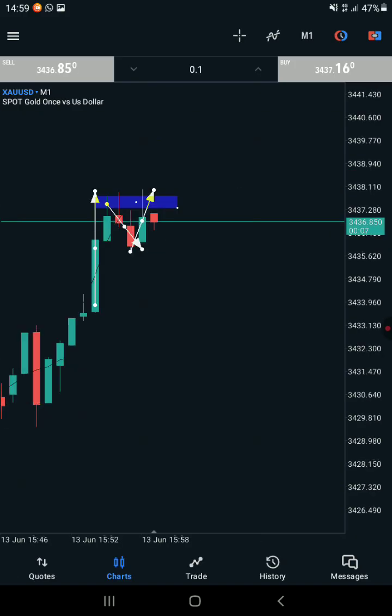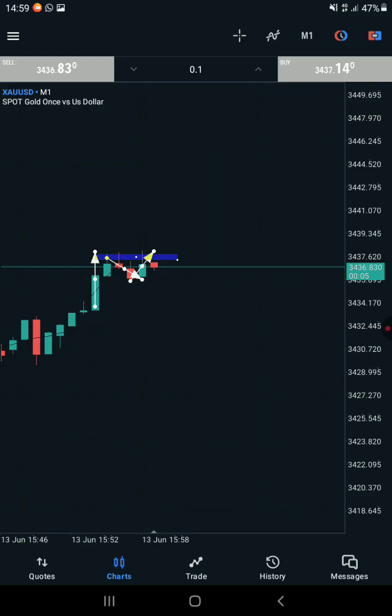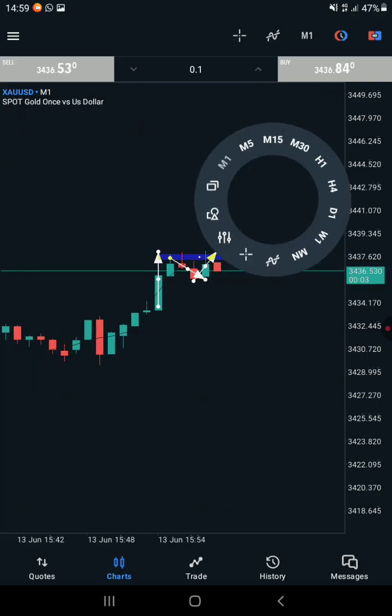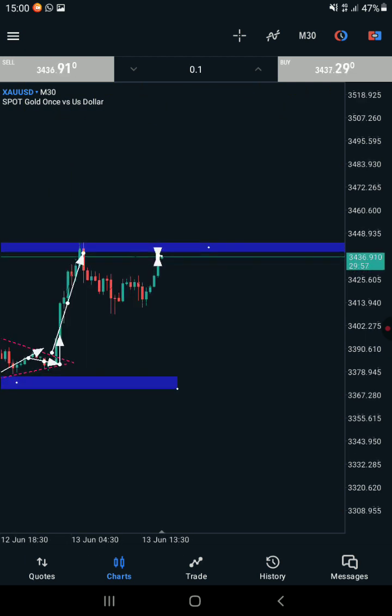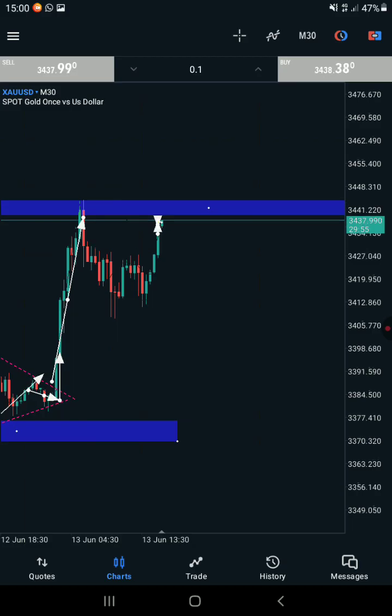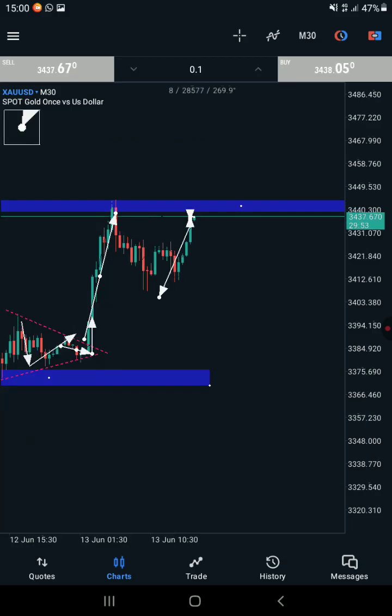But your interest should be if the price has reached at least a resistance zone of the higher time frame, like here. So what do we have here? Actually, the market is likely to form what we call a double top.